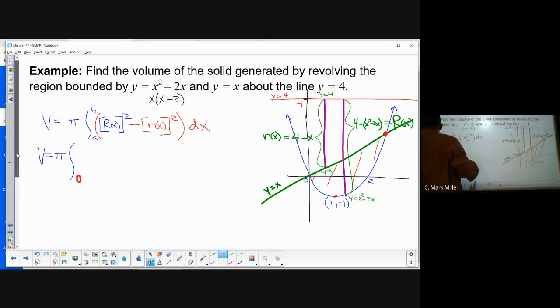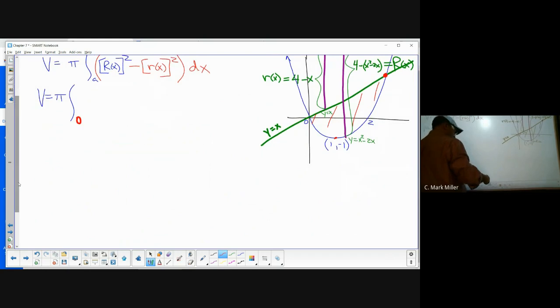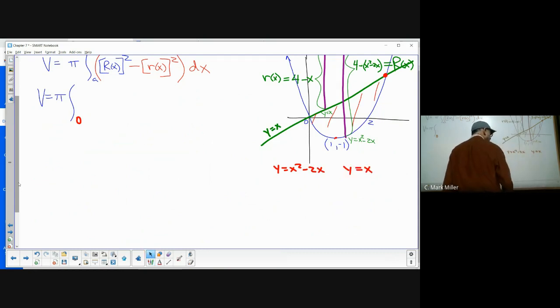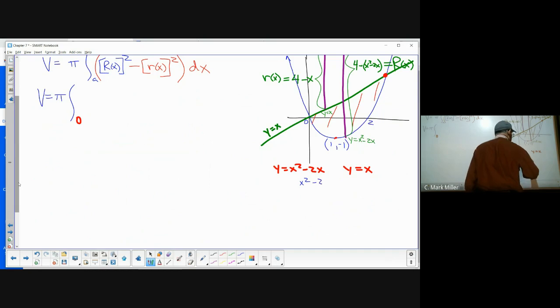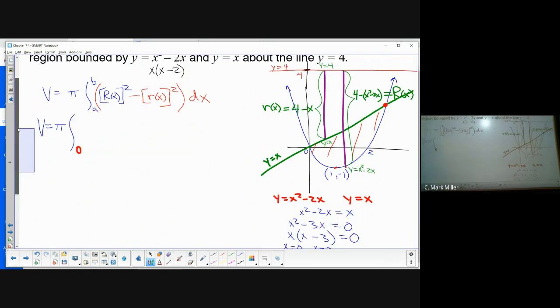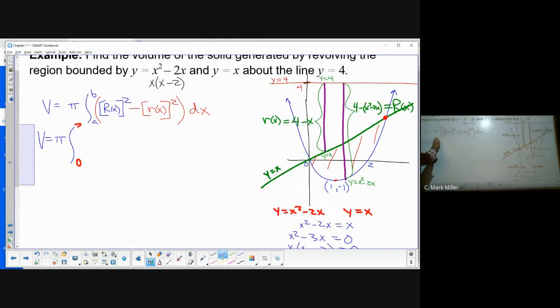If y equals x squared minus 2x, and y equals x, then x squared minus 2x equals x. X squared minus 3x equals 0, so x times x minus 3 equals 0. So we have x equals 0, which we already knew it intersected there, and x equals 3. So by coincidence, my upper bound, again in this problem, is a 3.